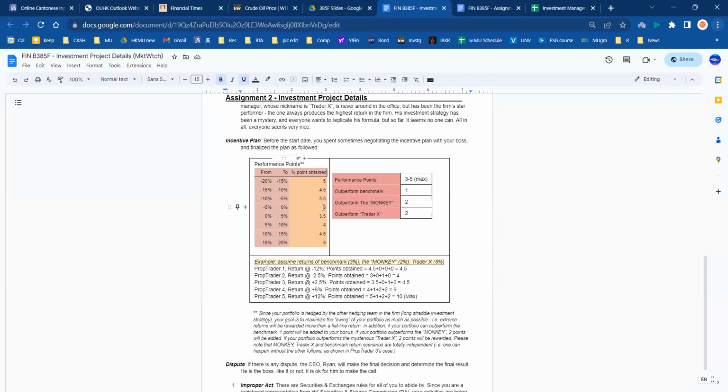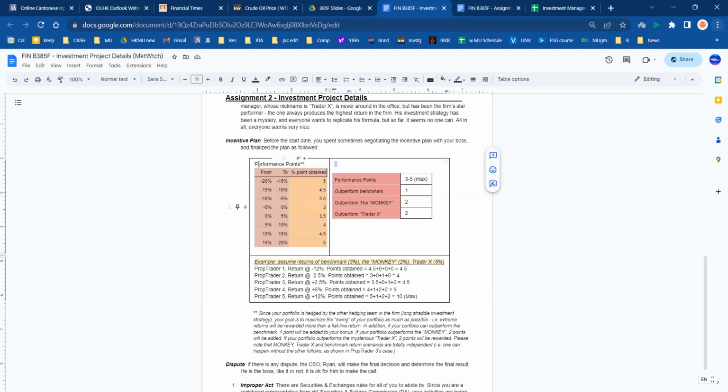Everyone pretty much gets at least 3 points. The absolute P&L is the percentage gain or loss you have throughout the 2 months. If you make more than 20% positive, you get 5 points max.